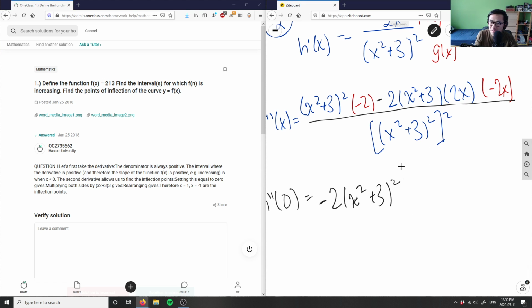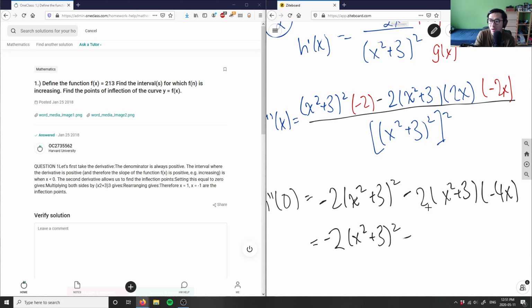Actually, I'm going to do these guys first. So -2 times x squared plus 3 squared minus, this here would be -2 times -4x, which is positive 8x times x squared plus 3.